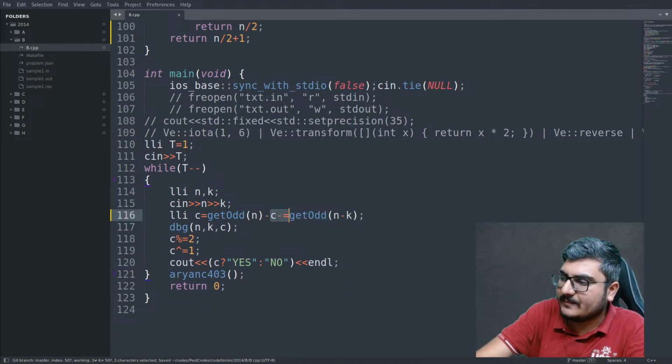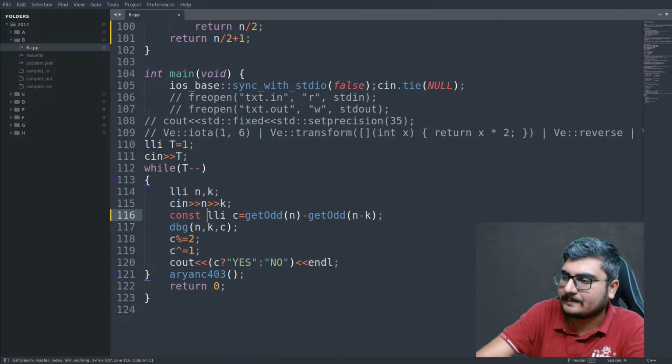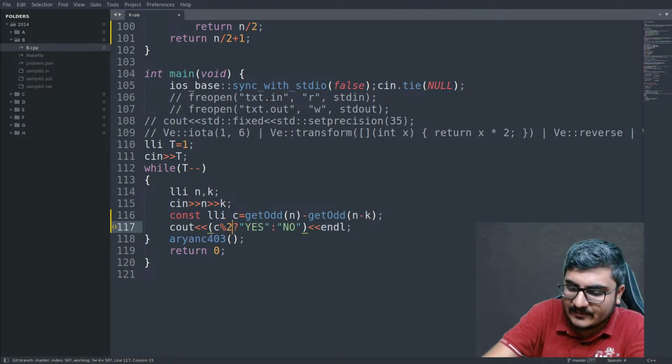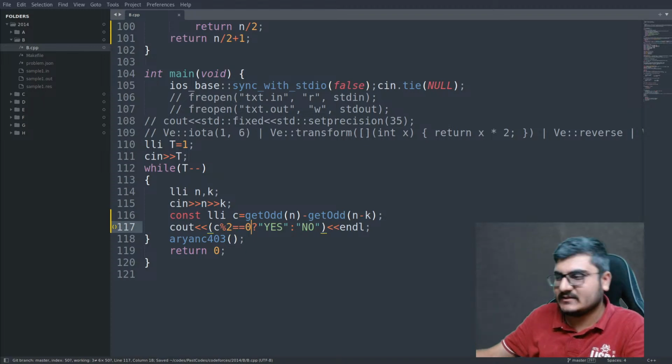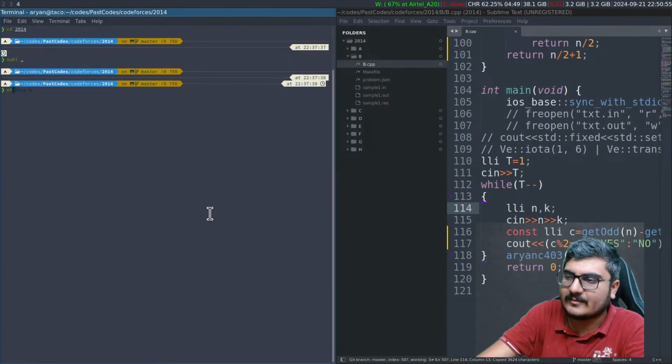Total number of days when we planted odd days minus total number of already expired days. If the total number of days with odd count is even, then the answer is yes, otherwise the answer is no. And essentially this ends up being the solution for the problem.